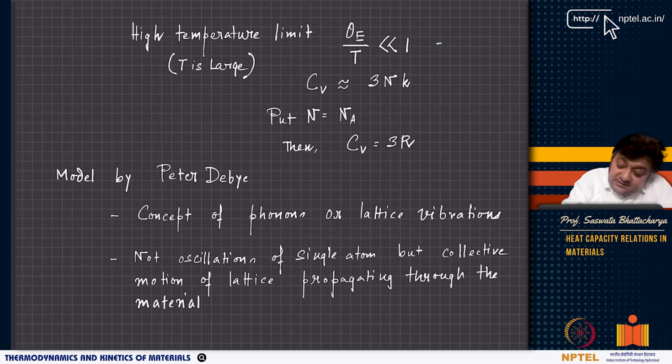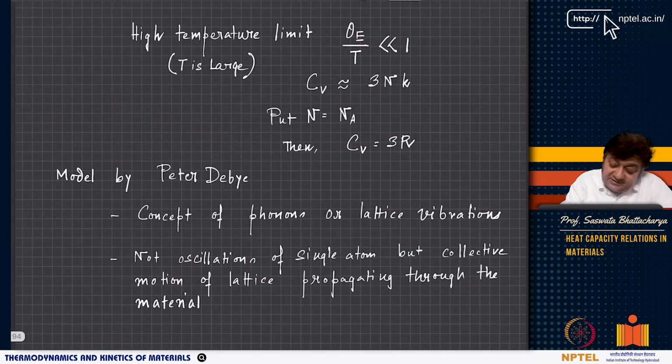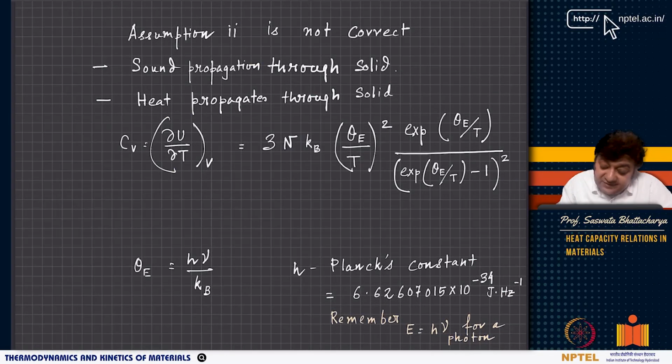T is large. So, if T is large, you can approximate this. You will see that Cv, this is something that you can prove also, because you go to this expression, T is very large, right?